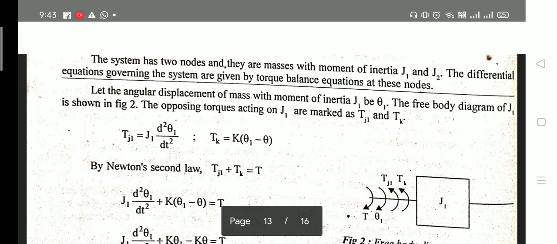By Newton's second law, the sum of all the torques is equal to 0.